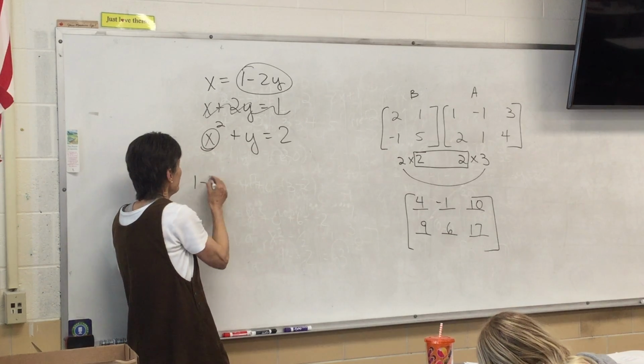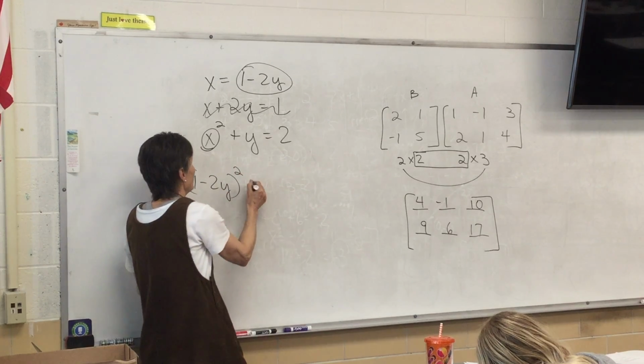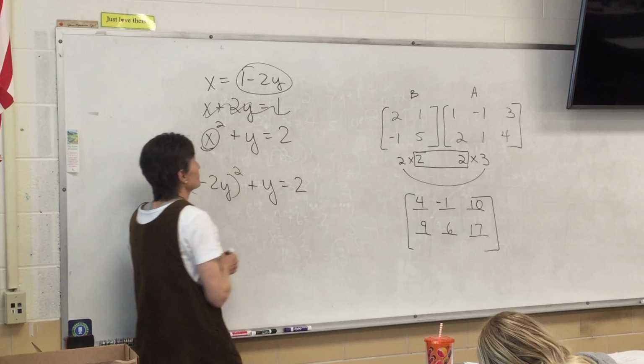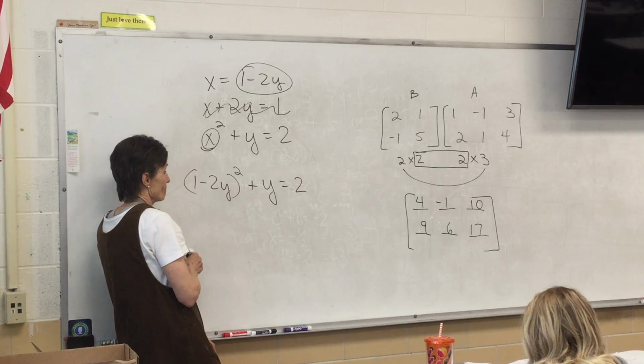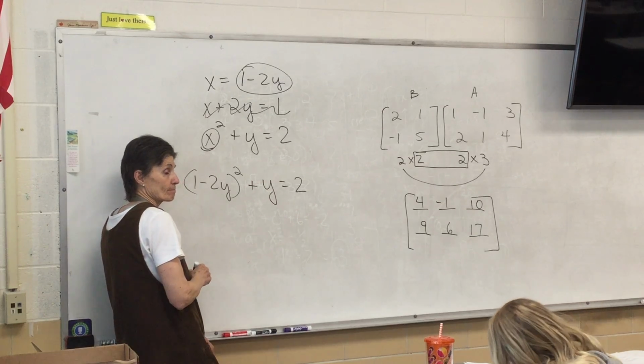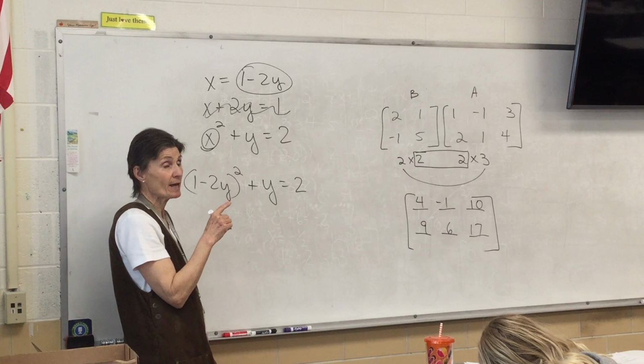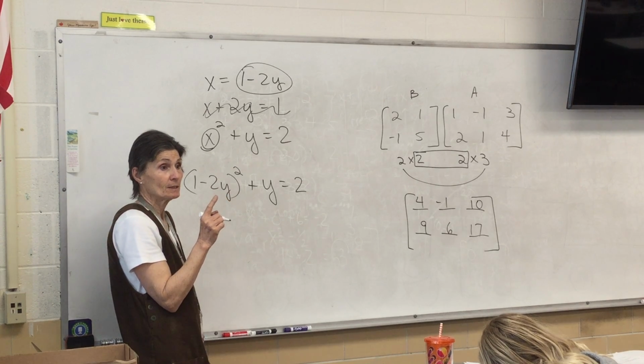So he's going to have 1 minus 2y quantity squared plus y equal to 2. Now, this isn't the only way to do the problem, but I think he's on to something here.